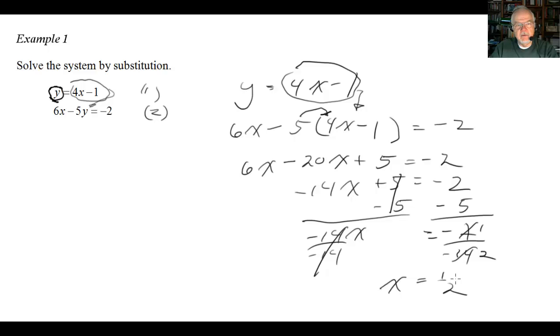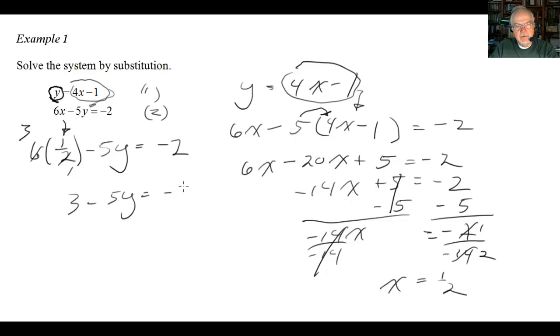Okay, so now we plug this into our second equation. We could plug it into the first equation, it really doesn't matter. So we get 6 times a half, right, there's our half, minus 5y equals minus 2. Okay, so that's 1, that's 3. So we have 3 minus 5y equals minus 2.